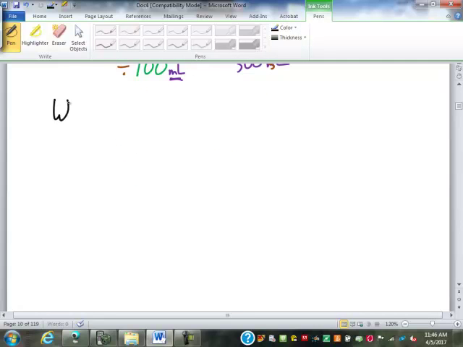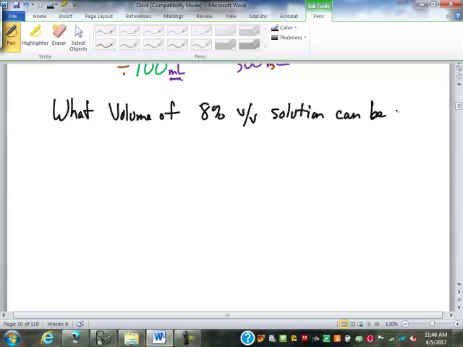Let's say, what volume of, let's do an 8% volume in volume solution can be created with 20 milliliters of serum.